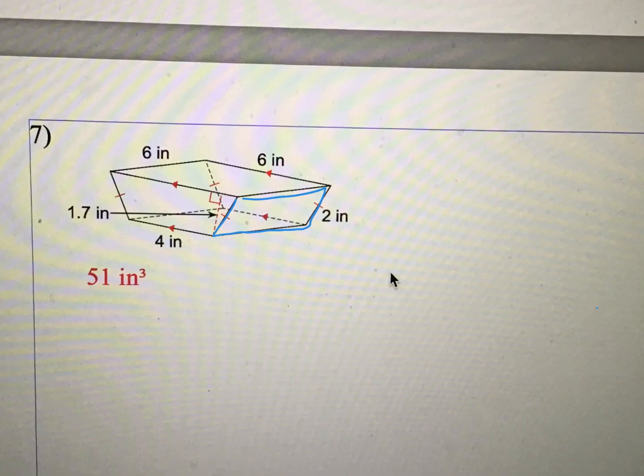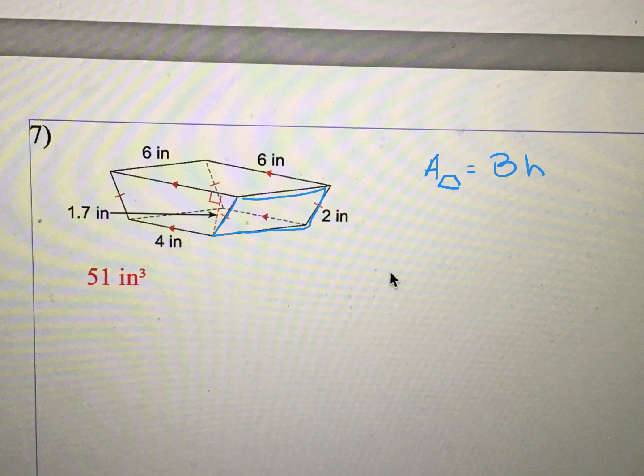So that has 4 rectangles. What are the other 2 shapes? Trapezoids. So for a trapezoidal prism, the volume is the area of the base times the height. So we're going to pretend the trapezoid is sitting on the table. Do you see how I'm going to turn it up like this?